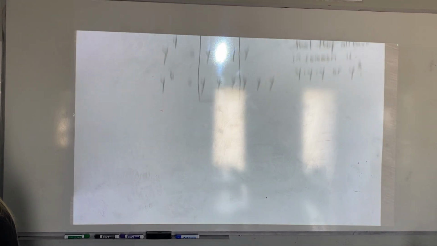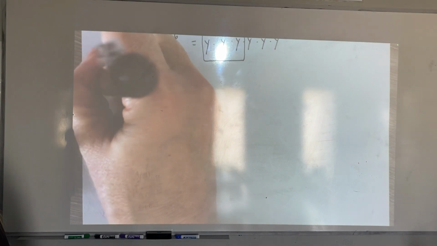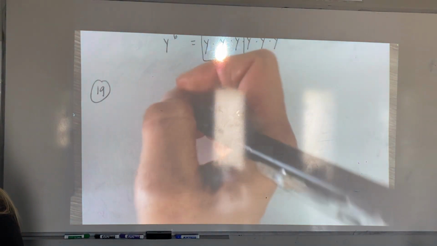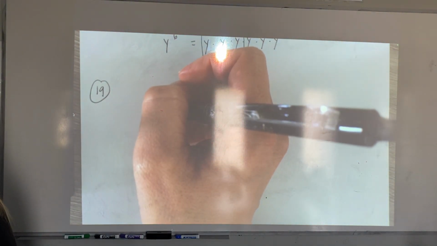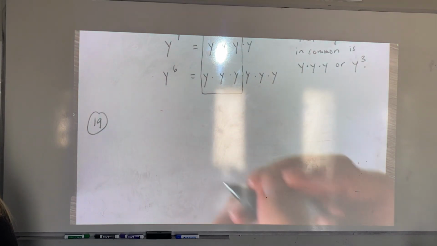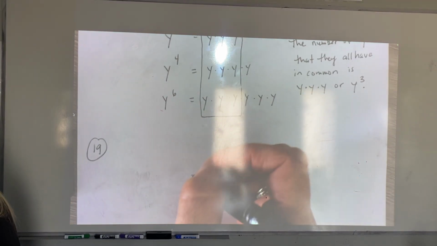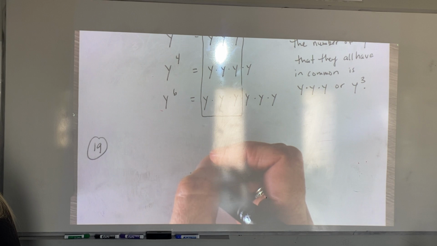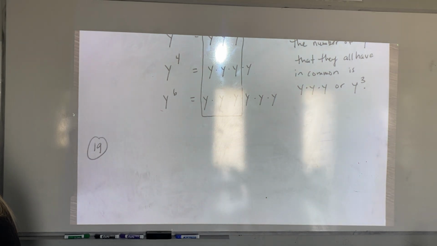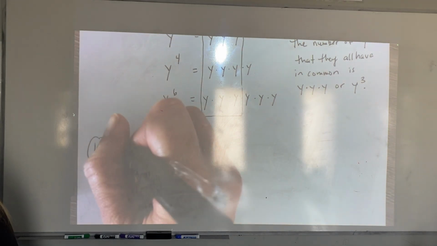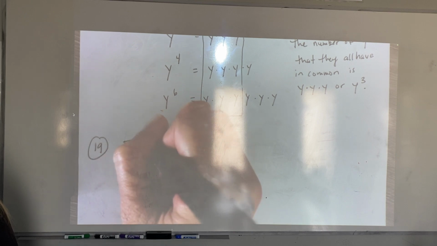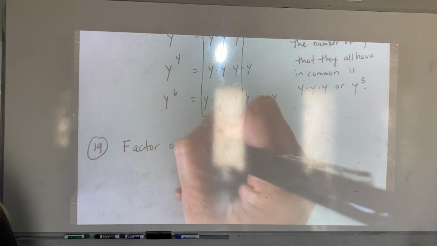We good? Okay, so number 19. Number 19 and 20 are probably the hardest ones, so pay close attention, okay? Number 19 is going to say factor out the negative sign with the GCF.